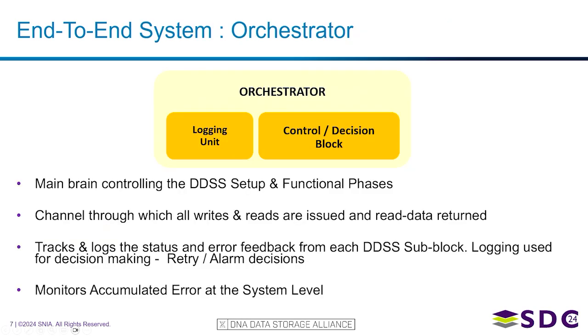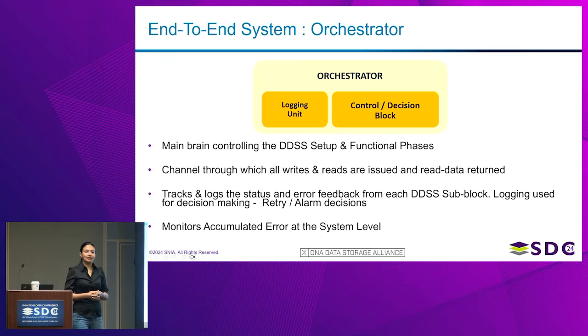Let's talk a little bit more about that brain, or the orchestrator. The concept of the orchestrator is essentially something that has complete visibility into all the transactions going from the user to the actual DNA storage. Not only that, it also logs the current status and any kind of errors from the sub-blocks of the DNA storage system.